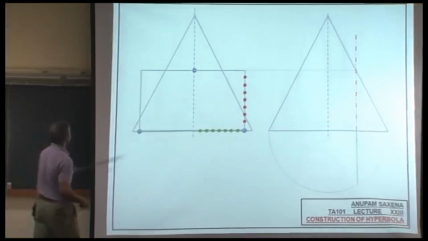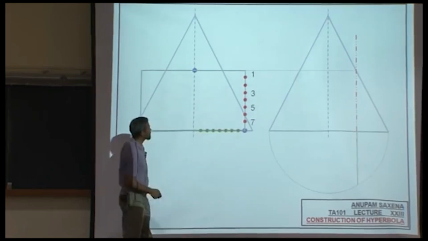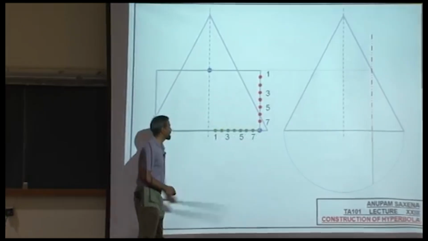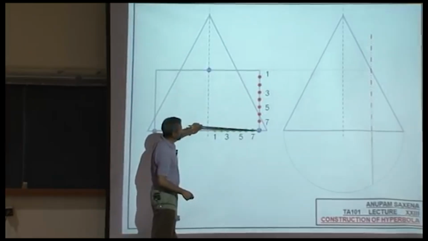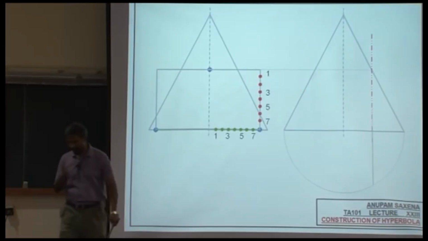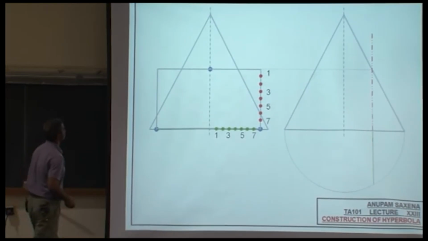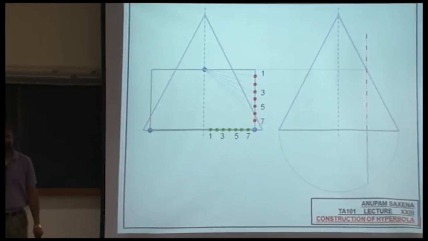From this point, first you number these points from the top of the rectangle to the bottom, and from the center or the axis of the cone up till the end of the rectangle. So the sequence is important: top to bottom on the vertical side, and left to right, or center to right, on the horizontal. And from this point, start drawing line segments that join this point to all these points. 1, 2, 3, 4, 5, 6, 7.